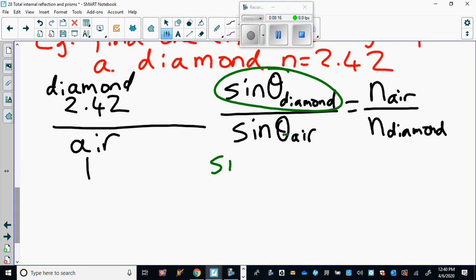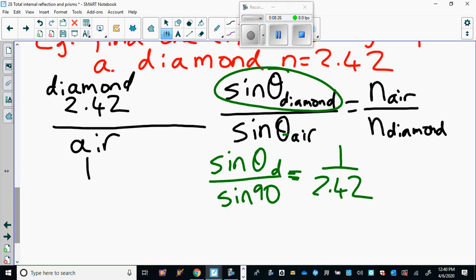So it's really sine theta d over sine of 90 equals 1 over 2.42. The sine of 90 is just 1, so that just becomes 1. So really just inverse sine of 1 divided by 2.42, and you're going to get an angle of about 24 degrees.